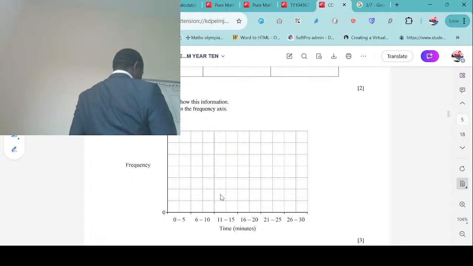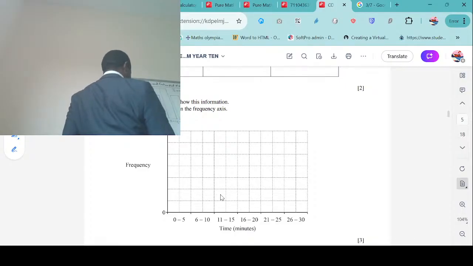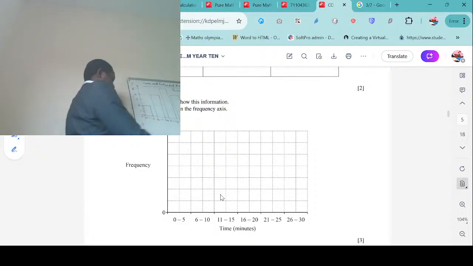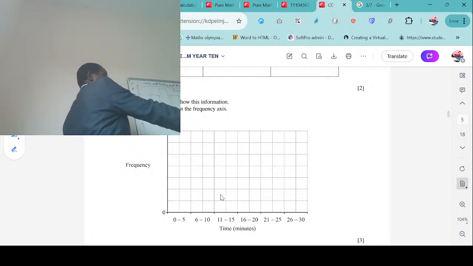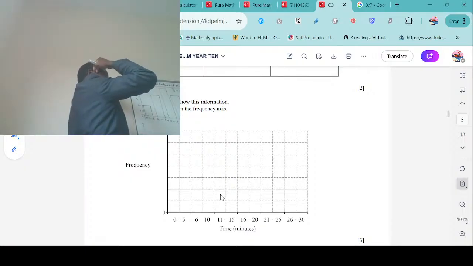Usually 5.5 is somewhere in between. That's the essence, because when we join, the last class boundary of a particular class will become the first class boundary of the next class.